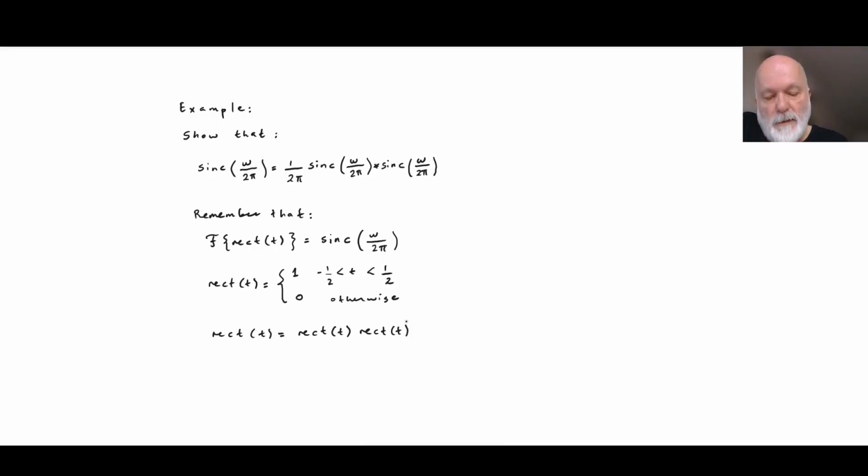So we can take the Fourier transform of both sides and we obtain the result.